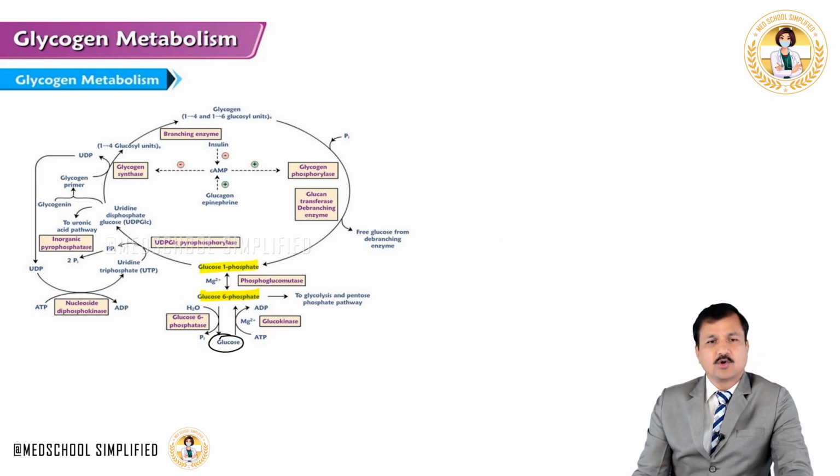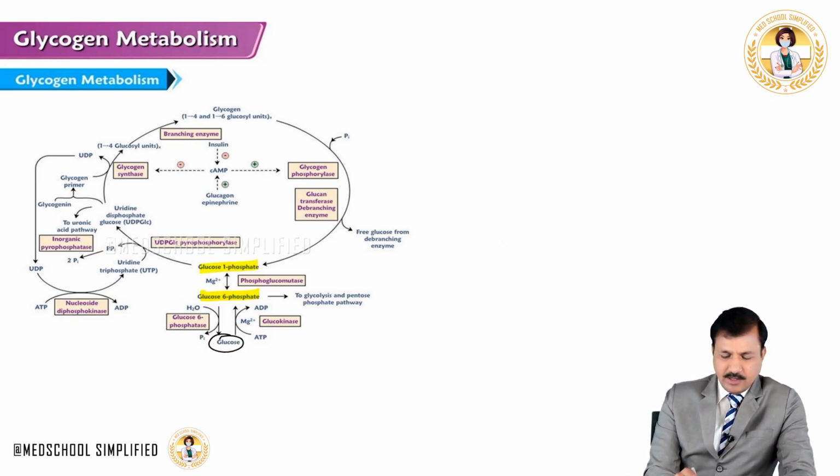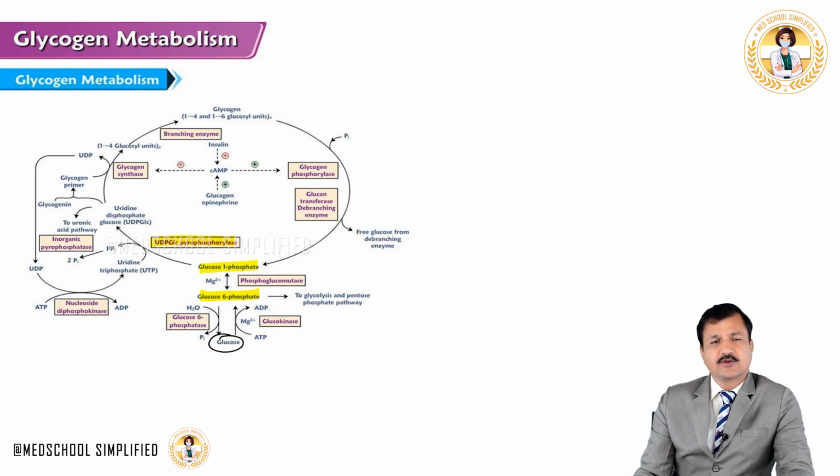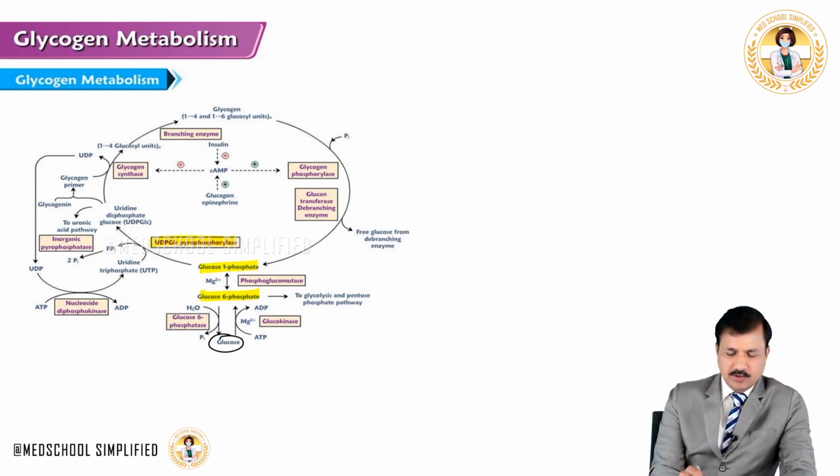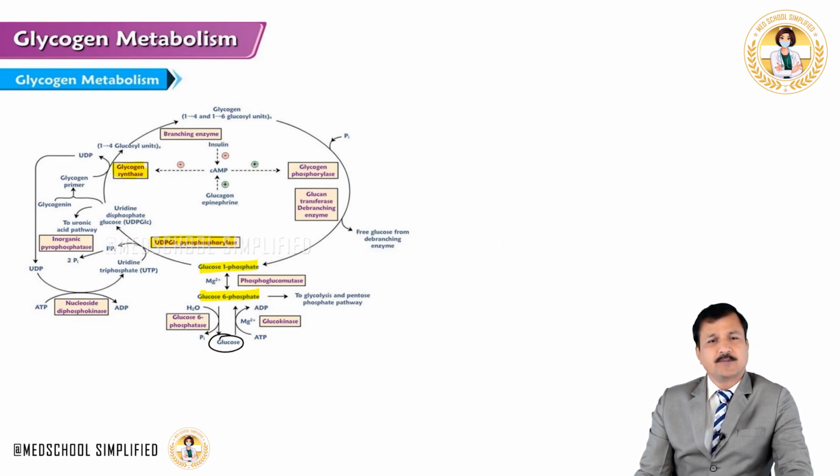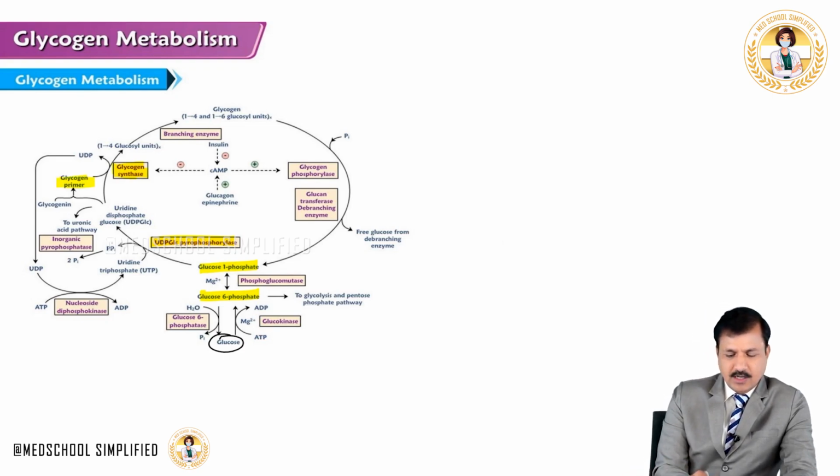Glucose-6-phosphate is converted into glucose-1-phosphate. Then UDP-glucose pyrophosphorylase makes UDP-glucose.